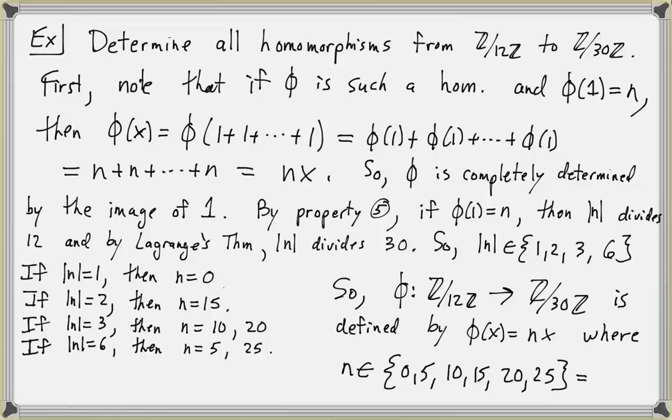So as a subgroup of the integers mod 30, this is actually the subgroup generated by the integer 5. So we see these are the only 6 possibilities for a homomorphism from the integers mod 12 to the integers mod 30.